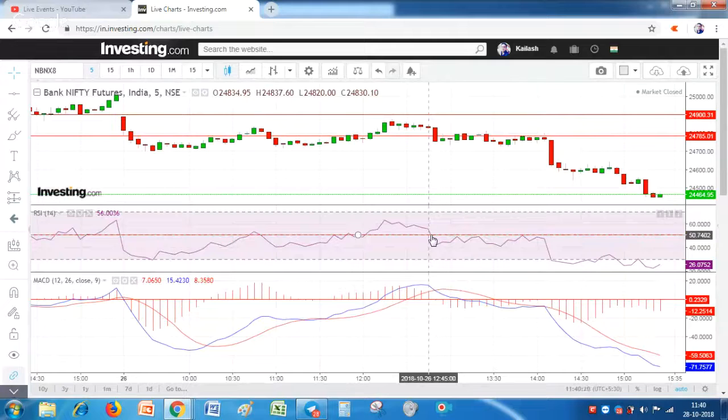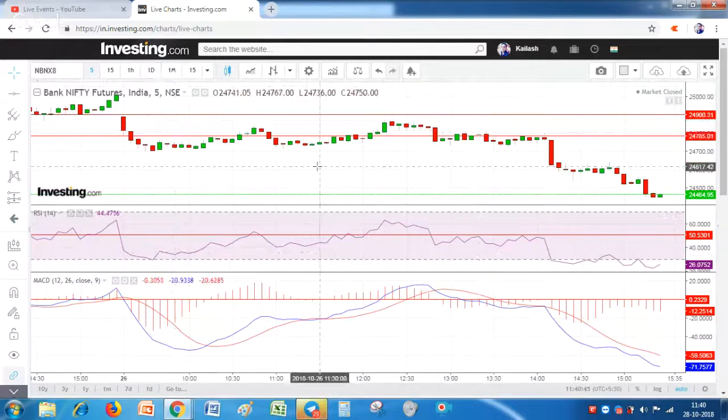So take these two combinations as a confirmation for any entry or exit. Once both indicators indicate that the stock can fall now, there is a bearish crossover in MACD and RSI has also gone below the 50 level.